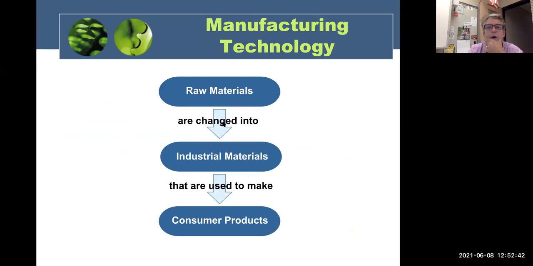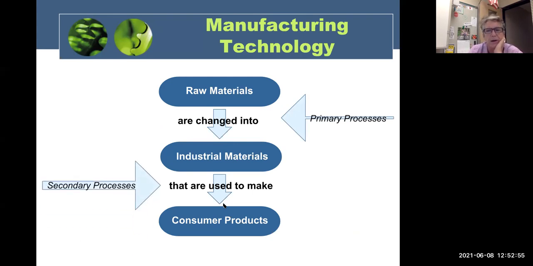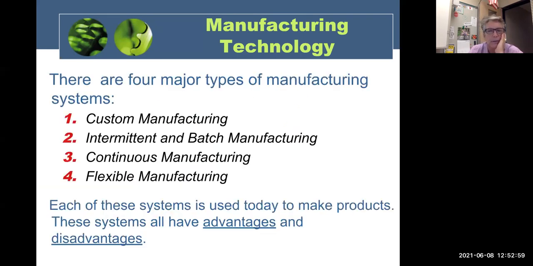Raw materials are changed into industrial materials that are used to make consumer products. Raw materials is where the primary process is. Secondary are industrial materials that are being used to make consumer products.